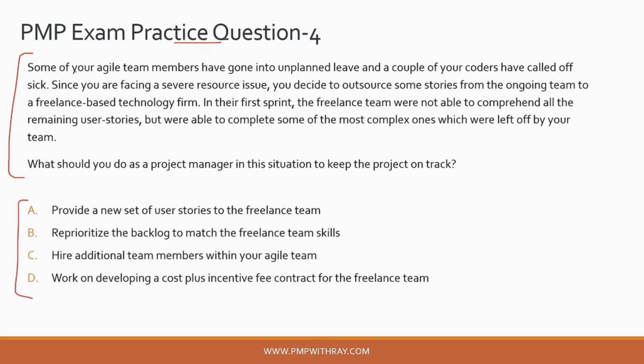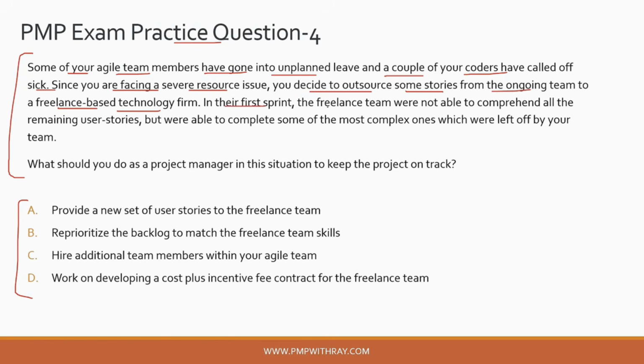Right, so let's start. Some of your agile team members have gone into unplanned leaves and a couple of your coders have called off sick. Okay, so very bad situation in your agile team as far as resourcing is concerned. Since you are facing a severe resourcing issue, you decide to outsource some stories from the ongoing team to a freelance based technology firm.